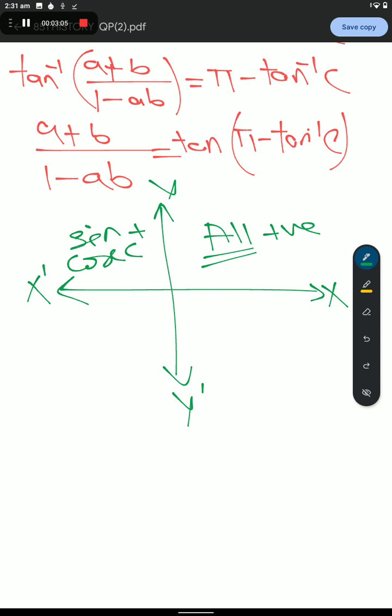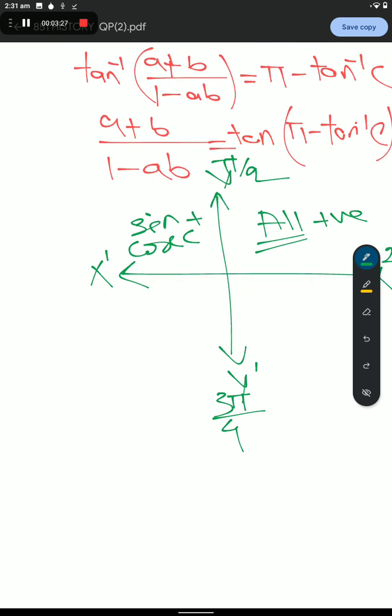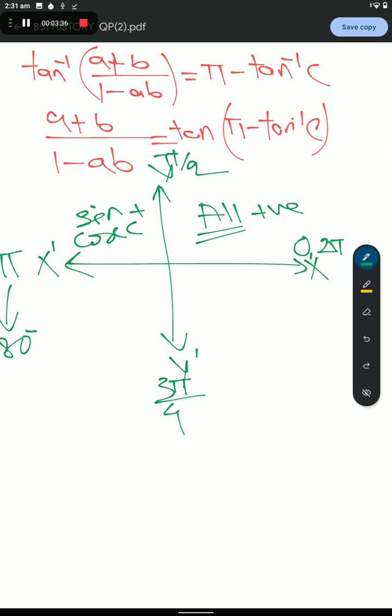Also, the positive x-axis resembles 0 or 2 pi, the negative y-axis resembles 3 by 2 pi, the positive y-axis resembles pi by 2, and the negative x-axis resembles simply pi. And here this pi basically means 180 degrees. Remember this thing.